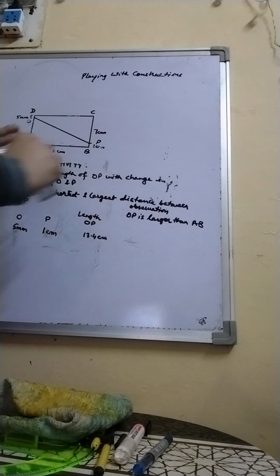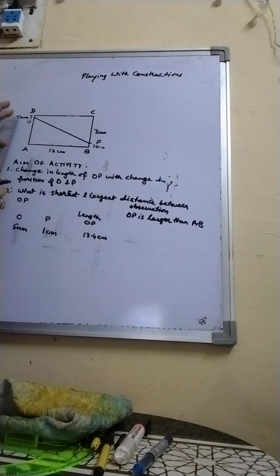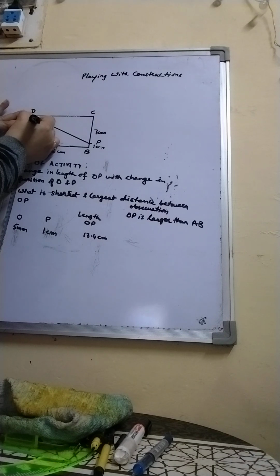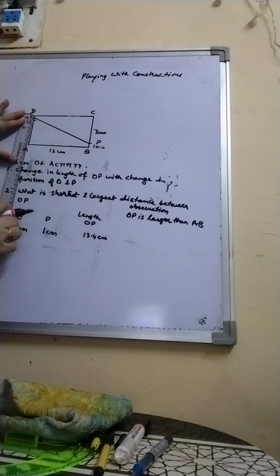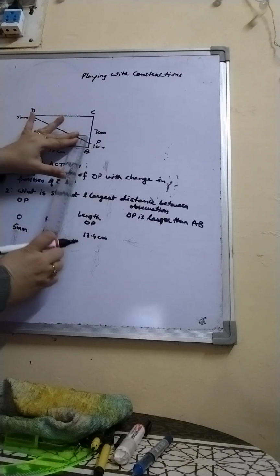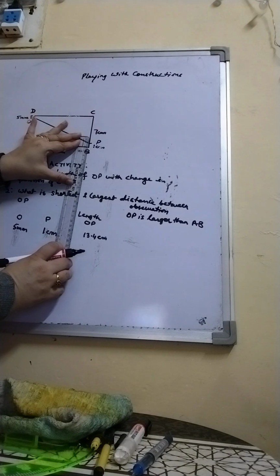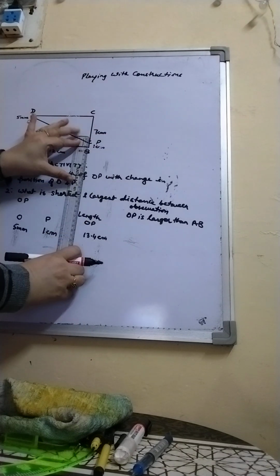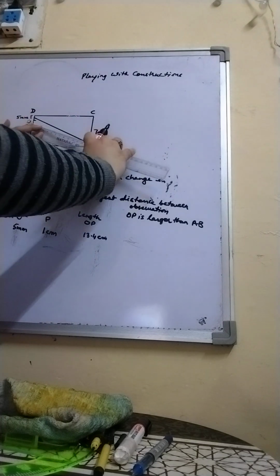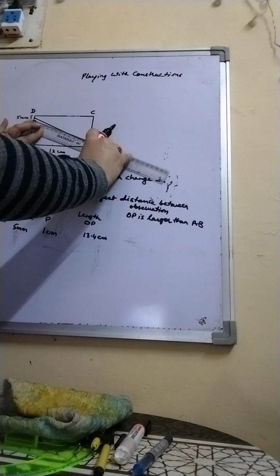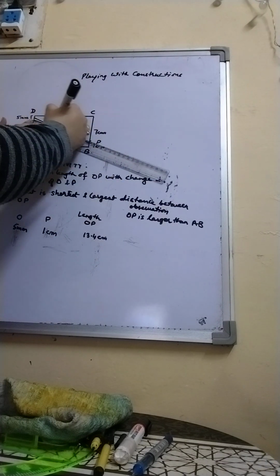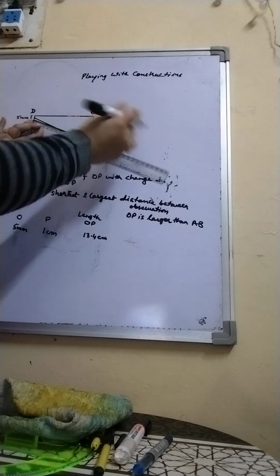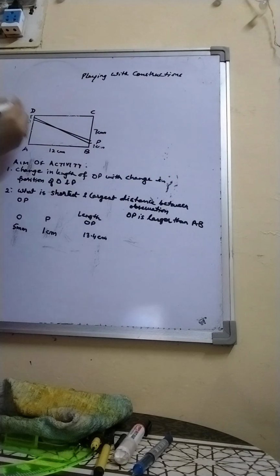Okay, then we shift the point, shift O to 1 centimeter away, shift P to 1.5 centimeter away. So this would be our next position of OP. We join OP here.